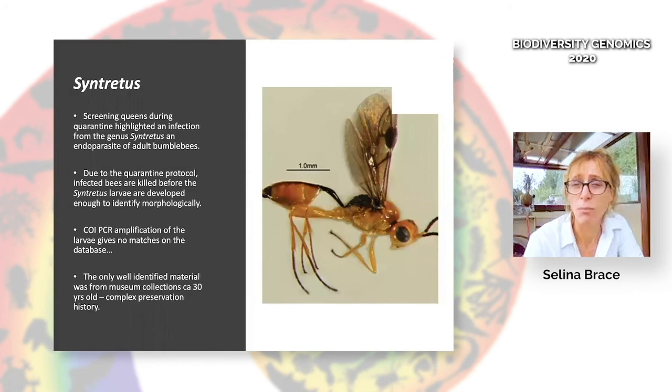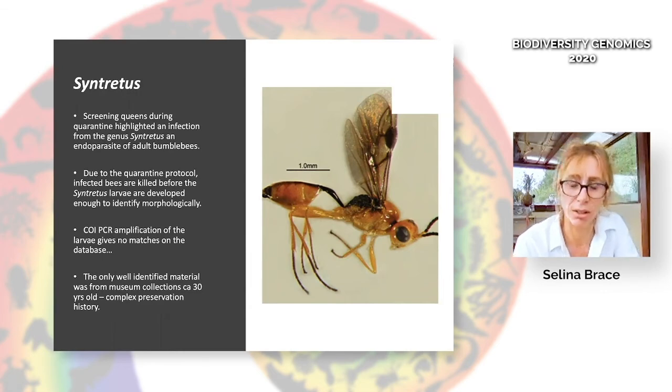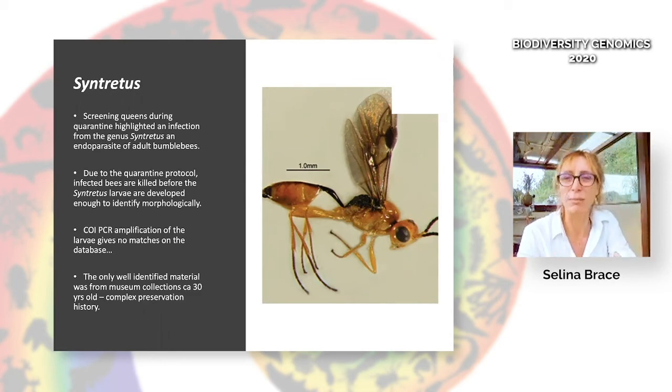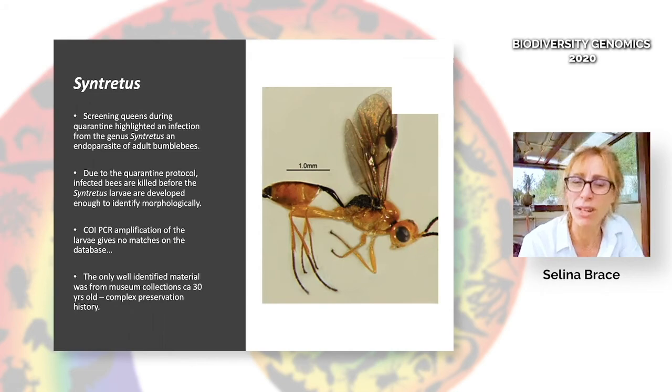Our colleague, Mark Brown from Royal Holloway University, was charged with quarantining these bees before they were released into the Kent countryside. And good job too, because after quarantining them, he very quickly realised that many of these bees were in fact infected with a rather nasty endoparasite.